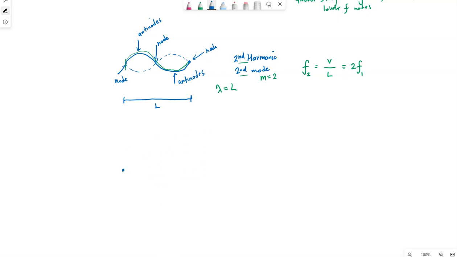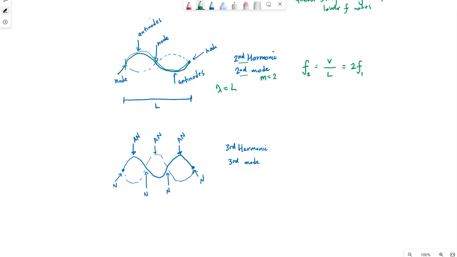If you shake it 3 times as fast as the original, you end up seeing a pattern with 3 antinodes, I'm going to do just AN for antinodes, and now we end up with still the nodes at the ends, and then additional nodes in the middle. We call this the third harmonic, or the third mode.